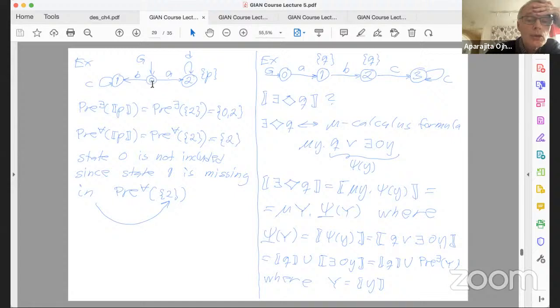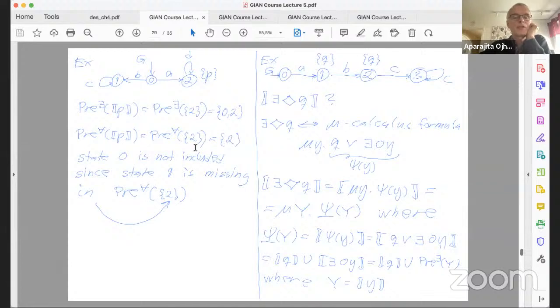And that's for sure not true, because in this state, I can also go to a state where P is not true. It's not involved. While if I go in state 2 and go backward to itself, then P is a member of that.